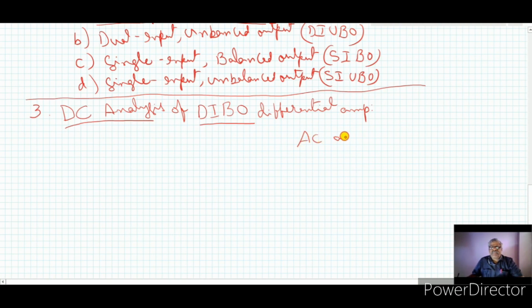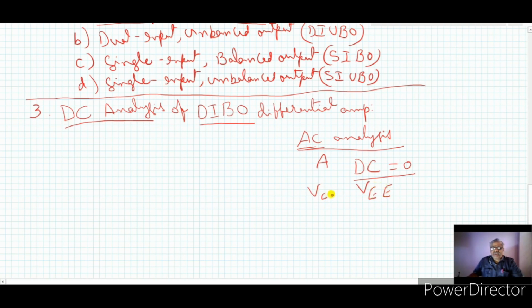In AC analysis, we are interested only in the relation between AC voltages and AC currents. Generally in AC analysis we calculate the gain of the amplifier, AC output voltage by AC input voltage, or AC output current by AC input current. So during AC analysis, we are not interested in the DC currents and DC voltages across the components. Hence, we suppress the DC power supplies to 0, or strictly speaking, the DC power supplies are replaced with their internal resistances.